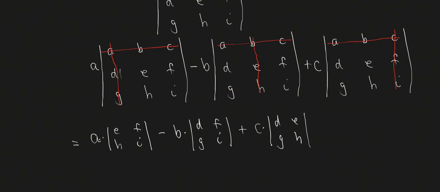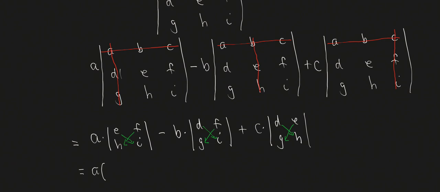Now, we can go ahead and actually simplify this completely and get a really big expression. I'll write down the expression, but this is what it looks like. It's A times, now use the formula that we did earlier, so multiply these and take a difference. Let me put that in for each of the 2 by 2 determinants.